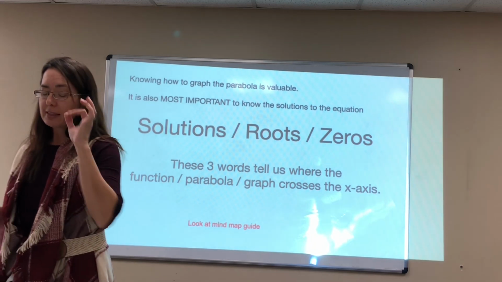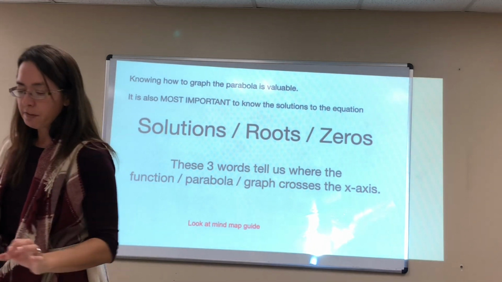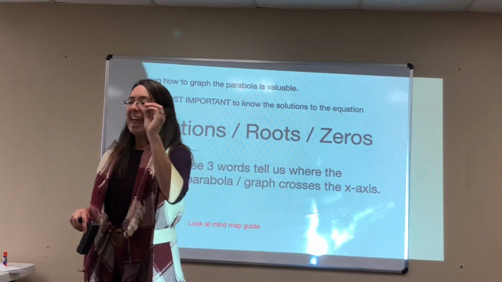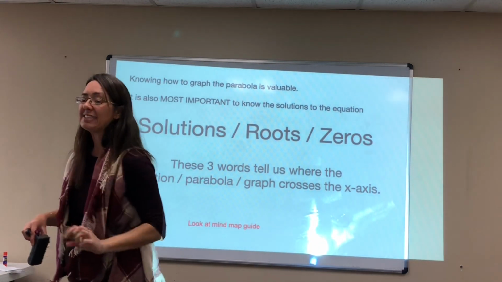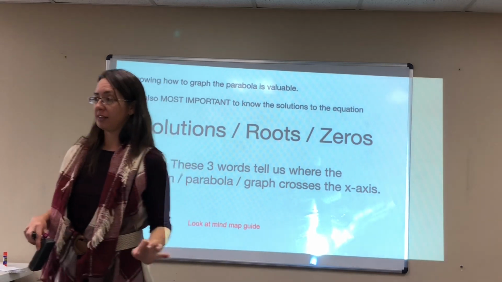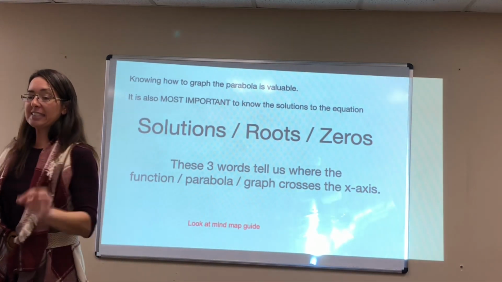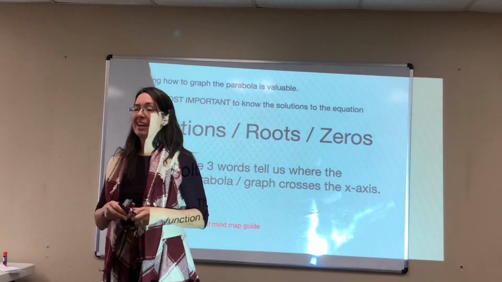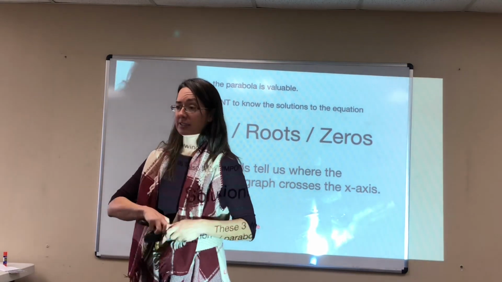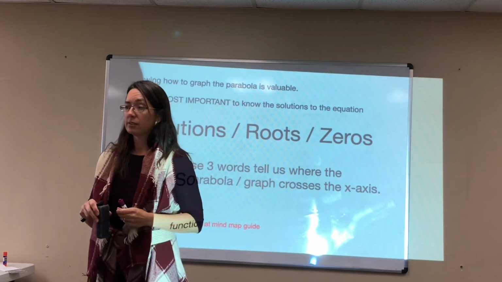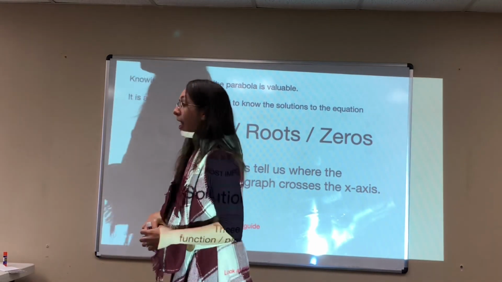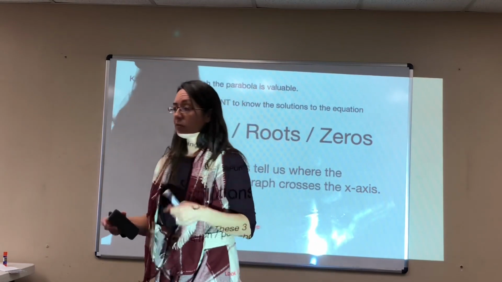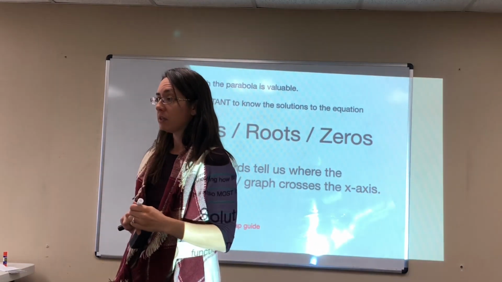So let's think through. If I have an equation and I can easily factor it, is that a choice you would want to make? How many solutions does factored form give us?